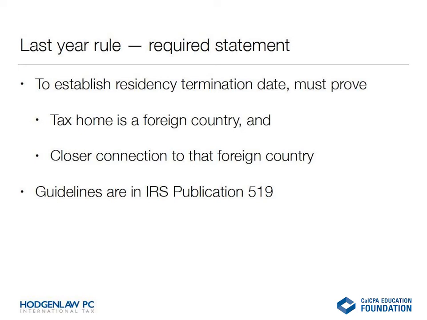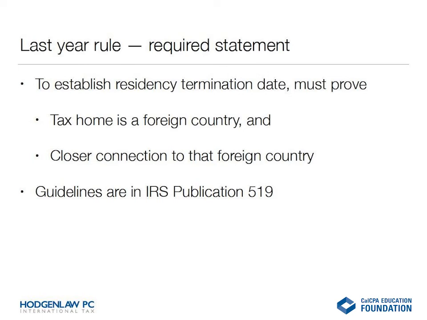But if you submit a statement with your tax return, you can claim an earlier termination date. But to do that, you have to have a tax home in a foreign country and a closer connection to that foreign country. And closer connection in this context means exactly the same thing as when I was talking about it a few slides back.